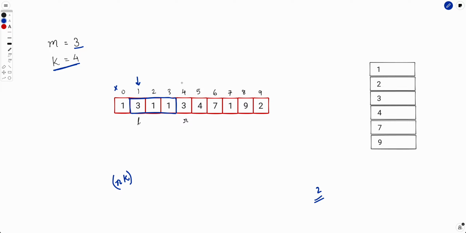So instead of iterating over all the elements again, we will simply remove the contribution of the previous element and add back the contribution of the new element which got introduced when we incremented R. If you remember, previously the frequency of 1 was 3, and the frequency of 3 was 1 with this particular subarray.